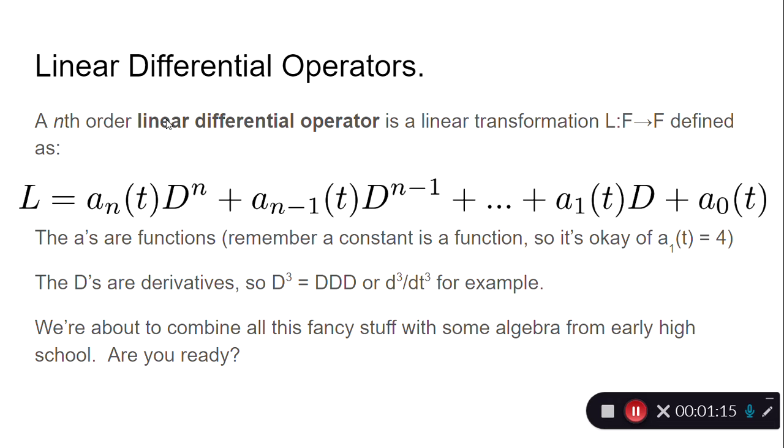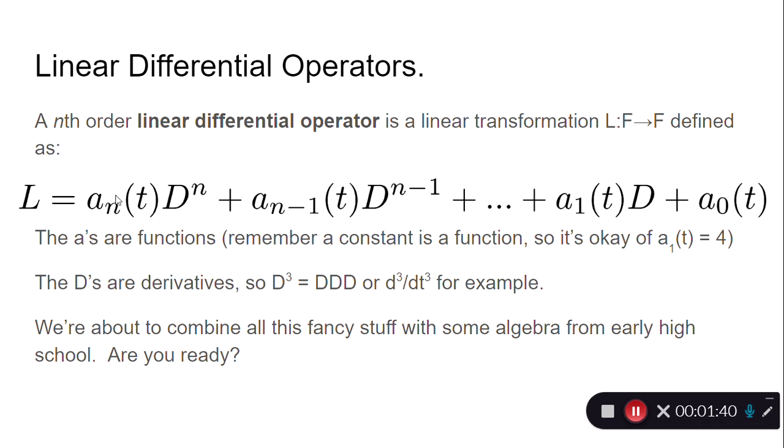So an nth order linear differential operator is just a bunch of derivatives. Remember these capital D's are d/dt's. This is the nth derivative, this is the n minus 1th derivative, all the way down to the first derivative. These coefficients are functions. They could be constants, like 4.